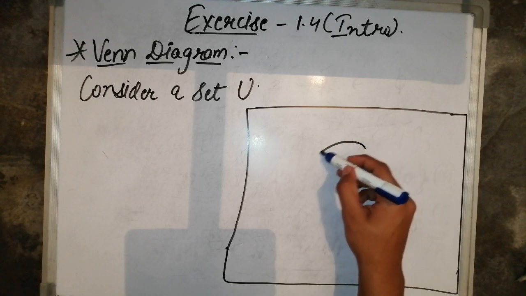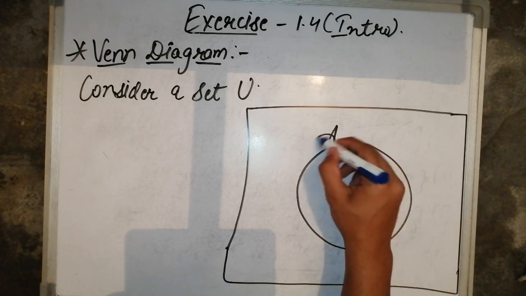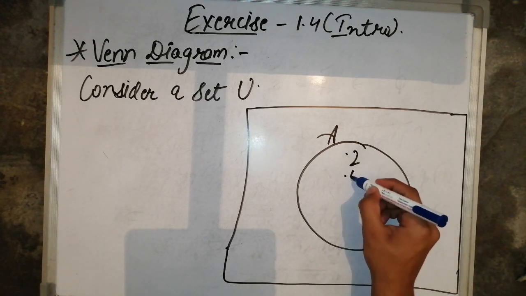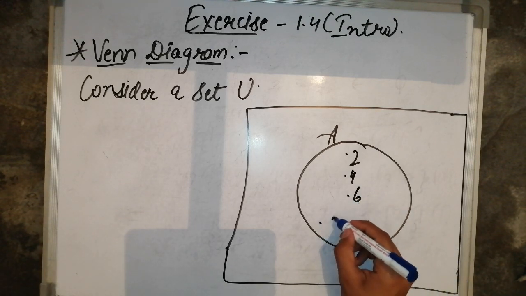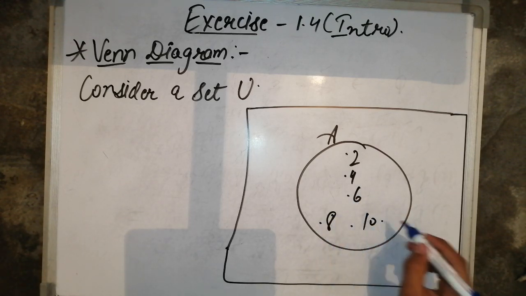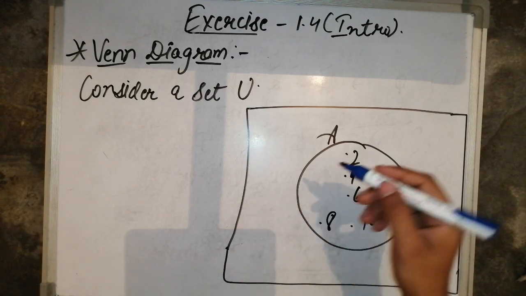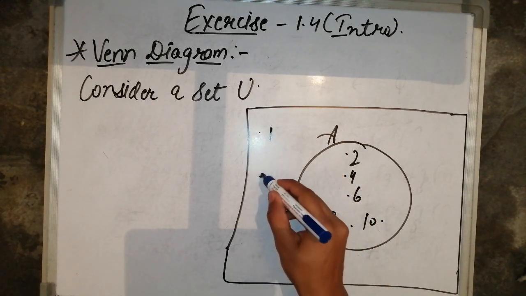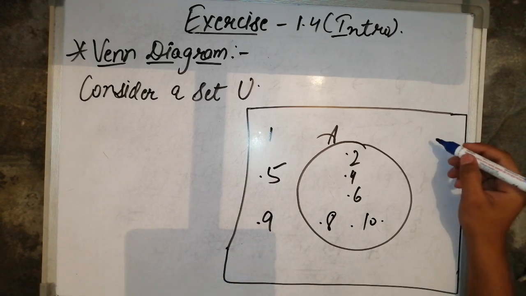And the circle representing is A set. It has the following elements 2, 4, 6, 8 and 10, okay? And outside the circle we have 1, 5, 9 and 3, 7.